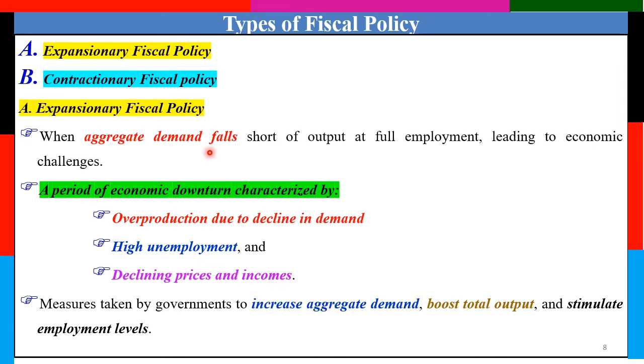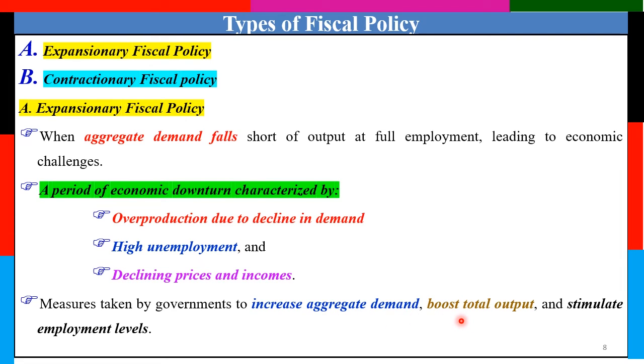During the downfall of the aggregate demand, every economic activity is also decreasing. So what type of measure is needed here? A measure taken by the government to increase the aggregate demand. Here the demand is decreasing, so it needs the intervention of the government to increase what? The aggregate demand.